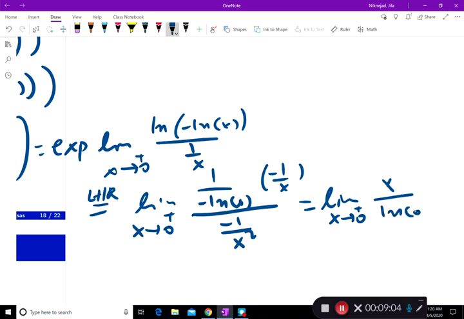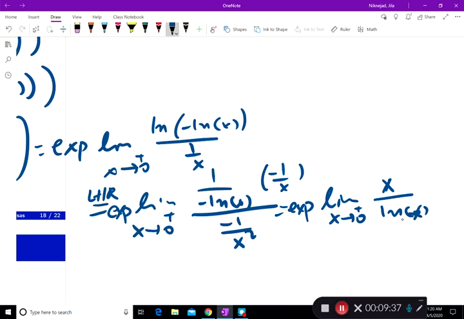natural log of x. As x approaches 0, oh, there is something missing. Exponential is missing. As x approaches 0, ln of x is going to approach negative infinity, and so it would be 0 over infinity.